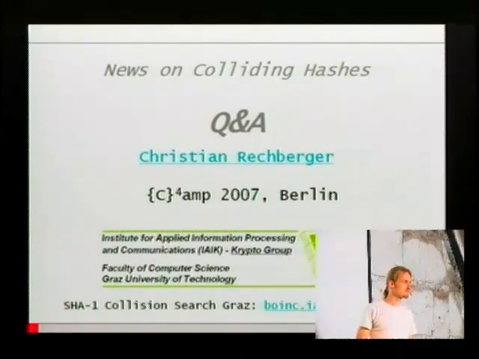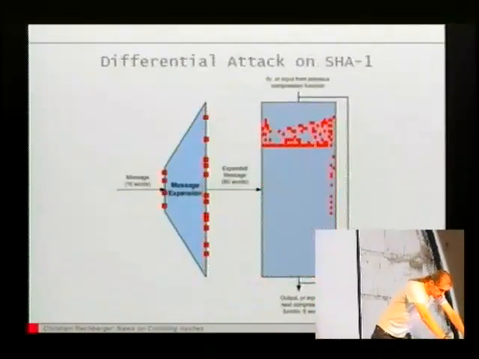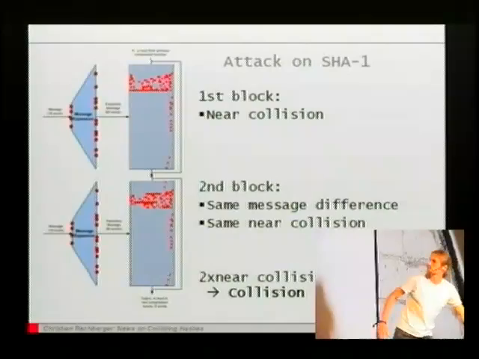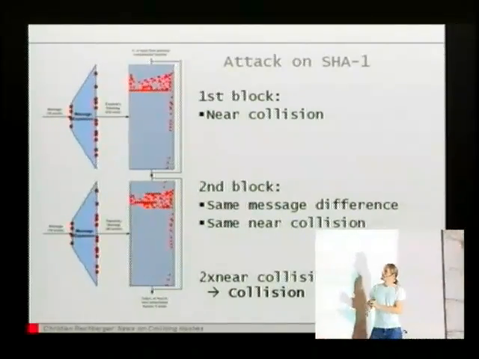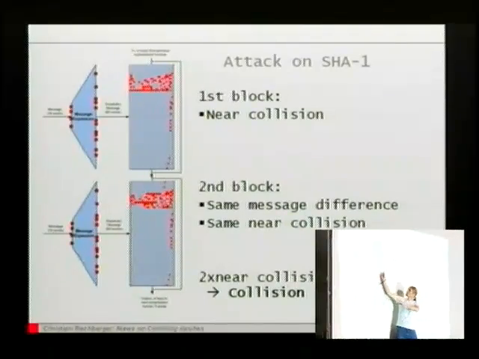Can you elaborate on how you find a collision from two near collisions? Sure. Shall I go back to the slide? Okay. So near collision, that's the first block. We look for a long time and find a message pair that only has, in this case, 2 or 3 bits that are different at the output.